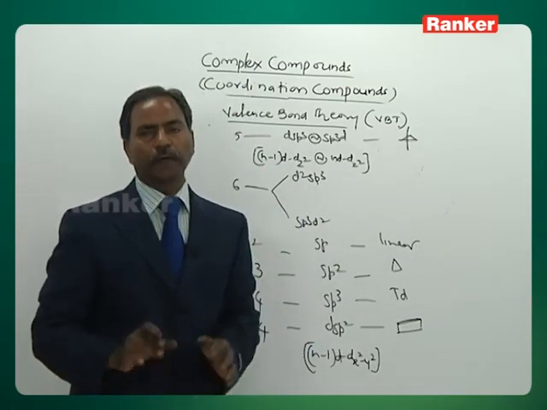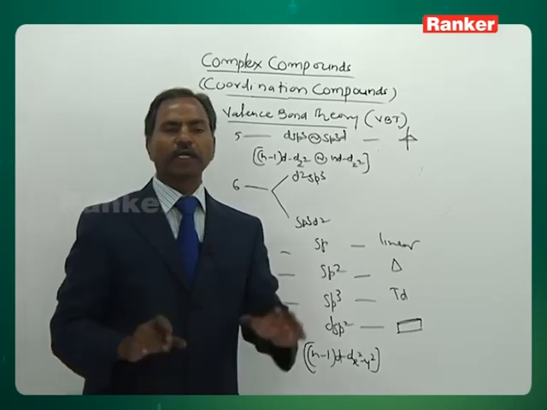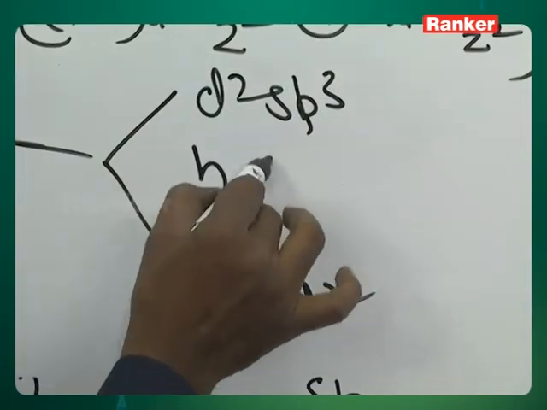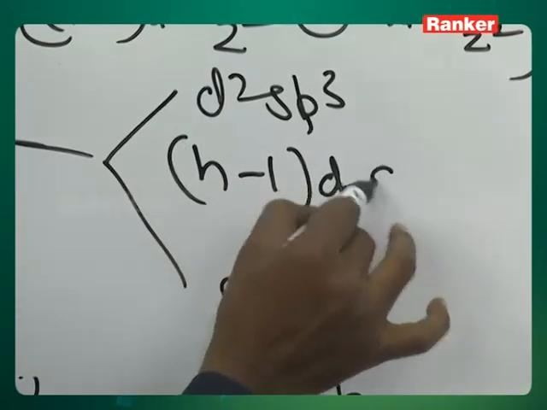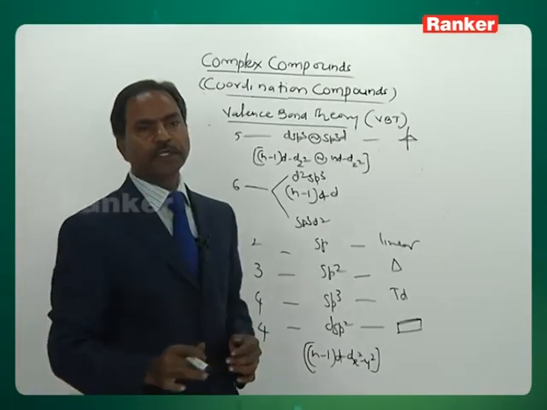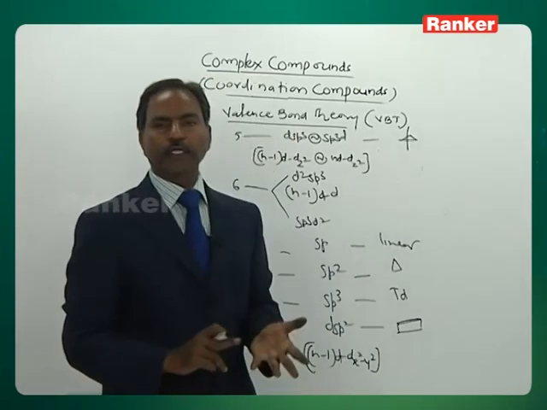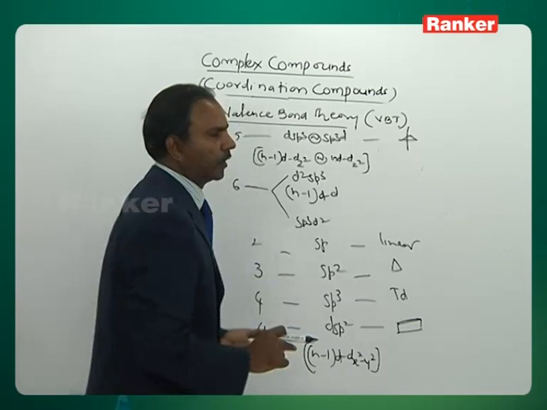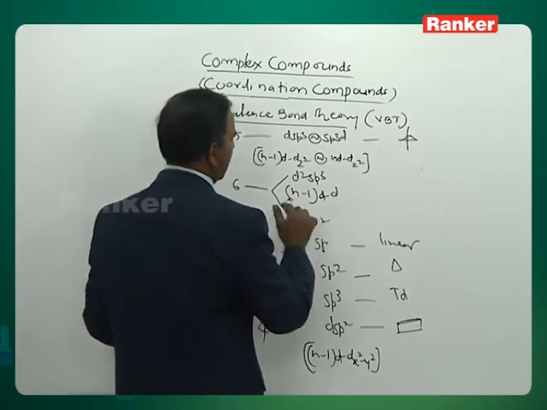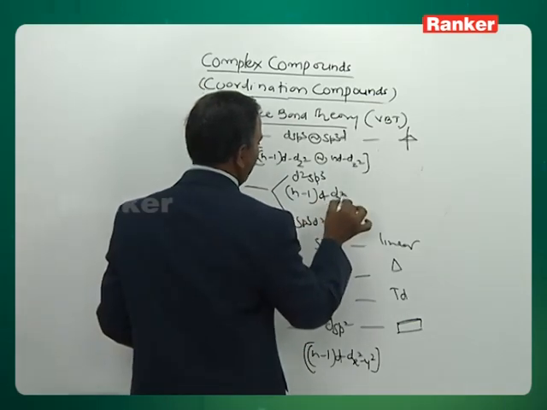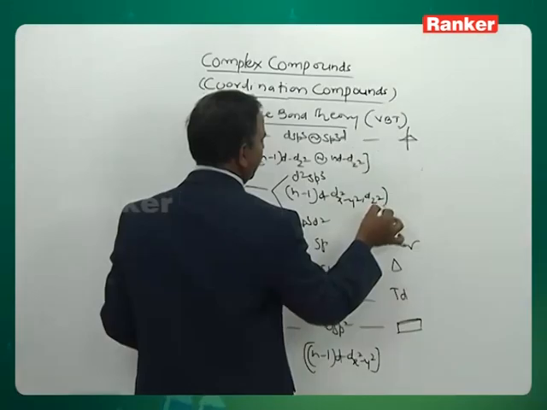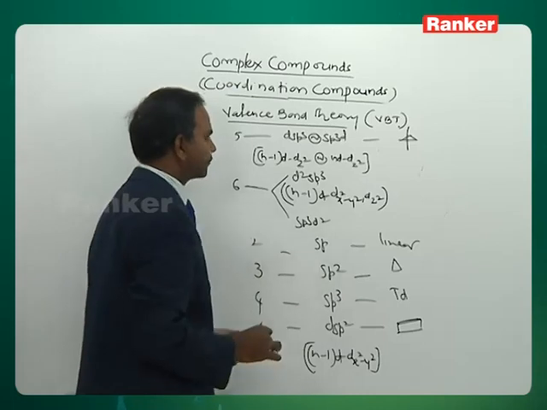What are the 2 d orbitals? For inner, (n minus 1)d, the eg set of orbitals: dx square minus y square and dz square. These 2 orbitals are participating in this hybridization.